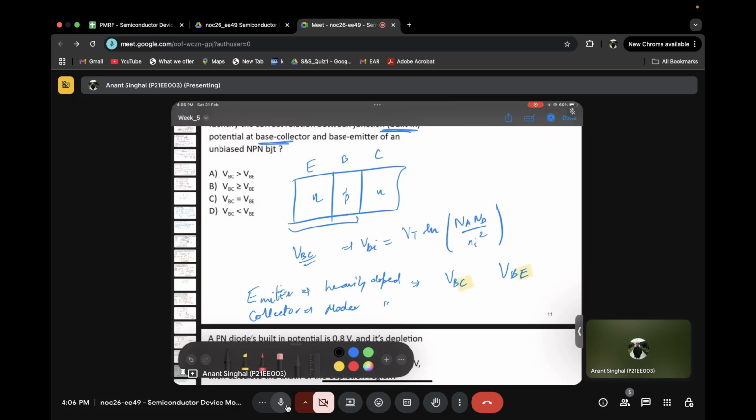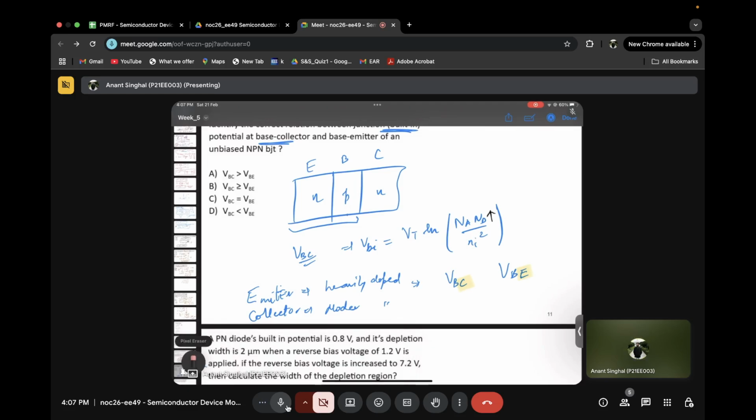That means the VBI will be higher or lower? Emitter is heavily doped and collector is moderately doped. So what do you think? Which will be higher, VBC or VBE?